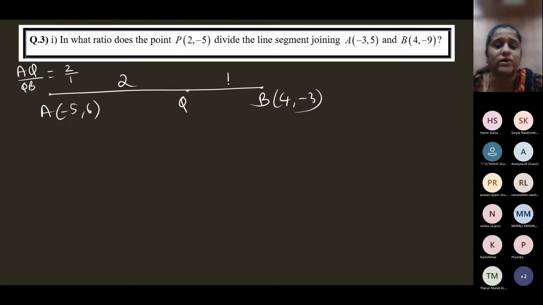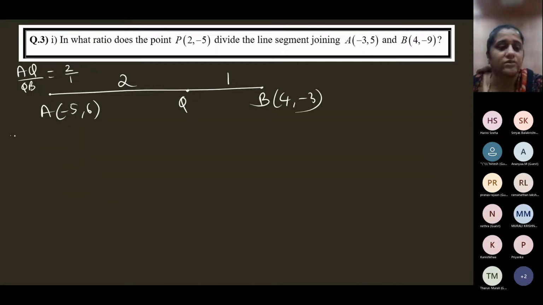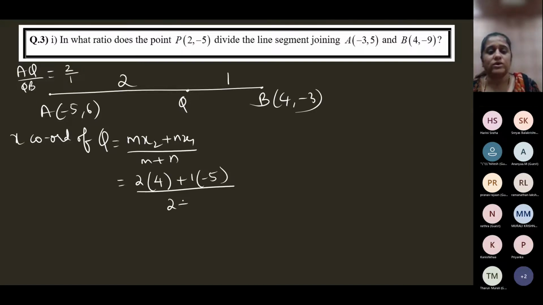This is 2 parts, this is 1 part. So the x-coordinate of Q is equal to mx2 plus nx1 by m plus n. So 2 into 4 plus 1 into -5 by 2 plus 1. 8 minus 5 by 3, 3 by 3, which is 1.